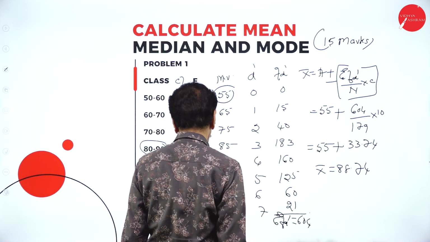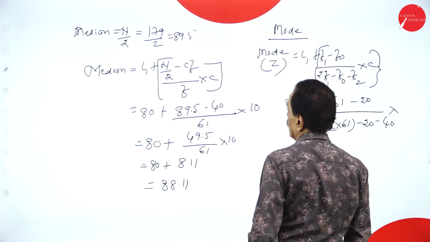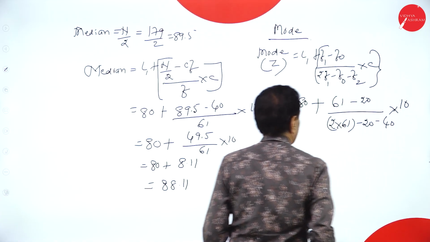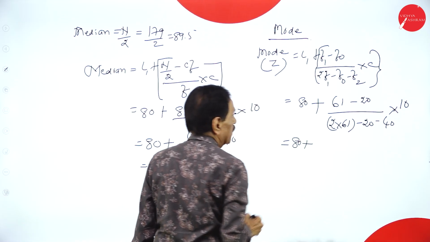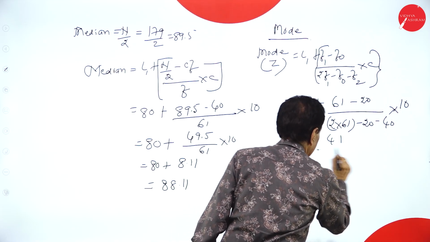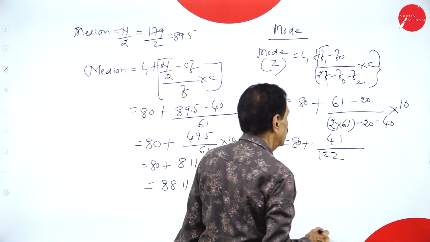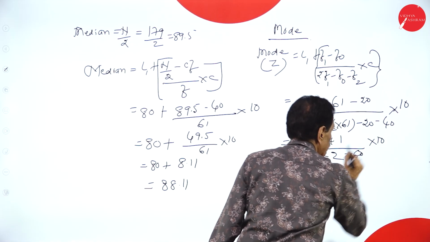What's your F2? 40, into your class interval, 10. Simplify. 61 minus 20 is 41. 2 ones are 2, 2 sixes are 122, minus 60, into 10.